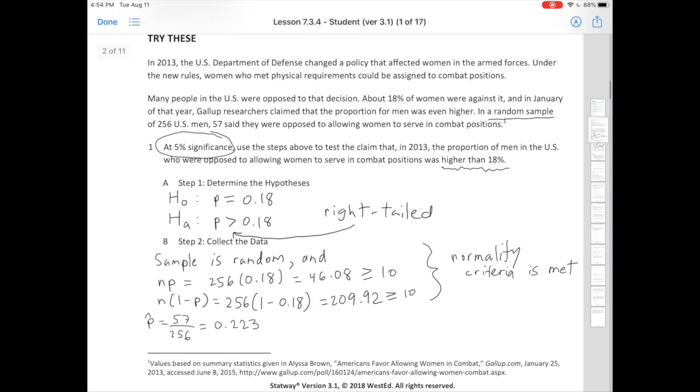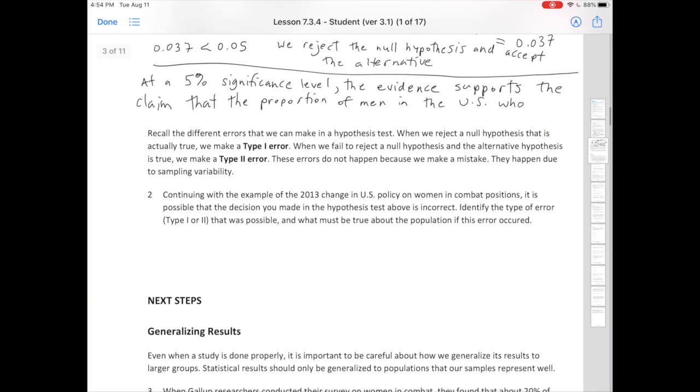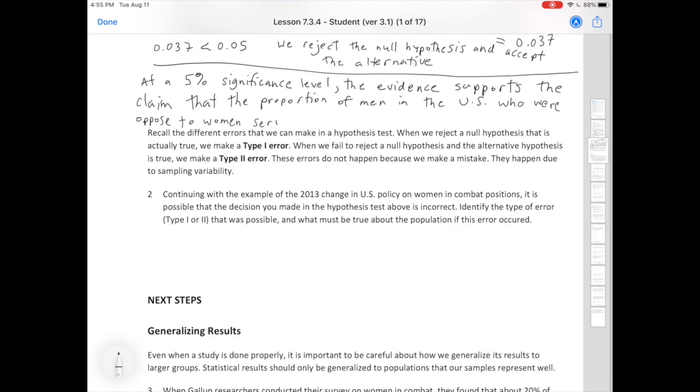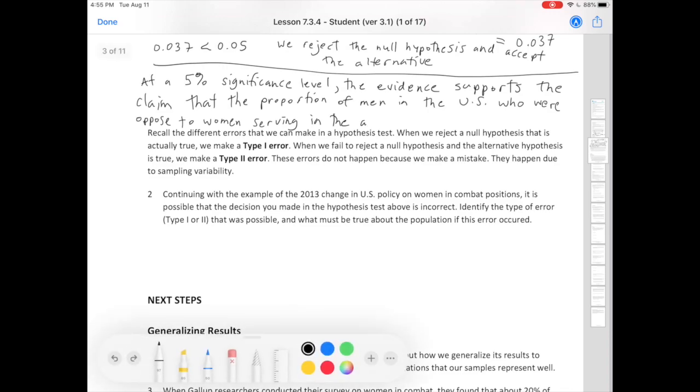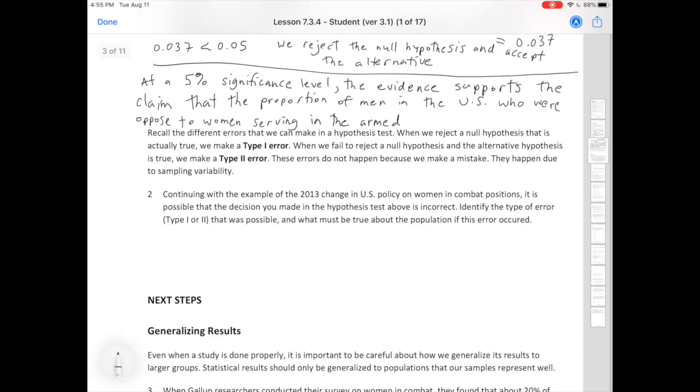Is that what it says? Who were opposed. Let me just use the exact same language they did. Who were opposed to women serving in the armed forces is greater than 0.18.